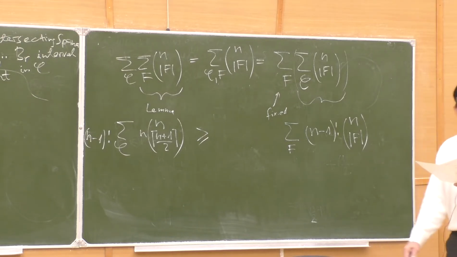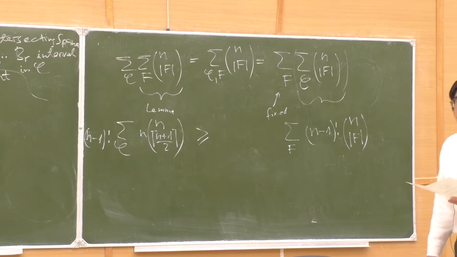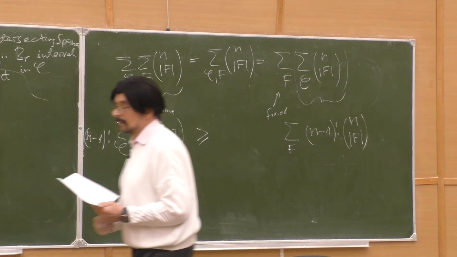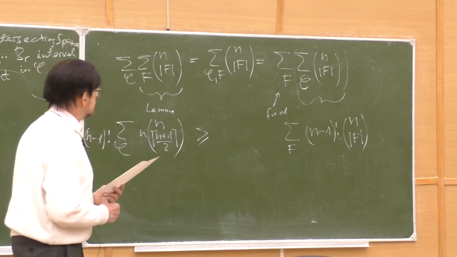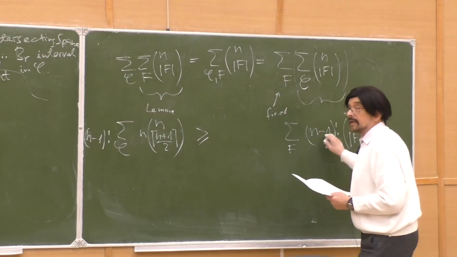Sorry? On the right, you shouldn't have all the permutations. Yes. Only this permutation that contains F as an interval. Yes, yes, yes. So this is wrong here.